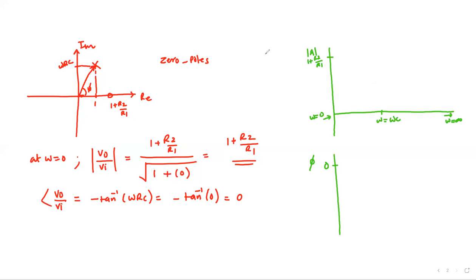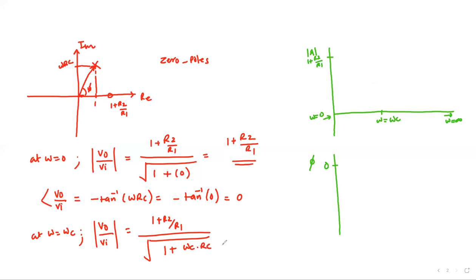So in the second case, at omega equal to omega c, the magnitude will be written as 1 plus R2 over R1 divided by square root of 1 plus omega times RC, squared. Now omega c is 1 by RC, so it's nothing but 1 plus R2 over R1 divided by square root of 1 plus 1 by RC into RC.